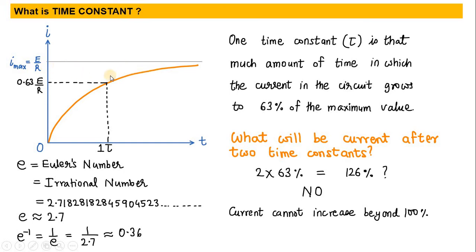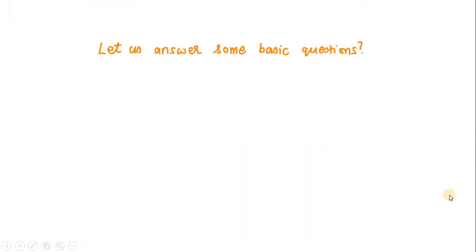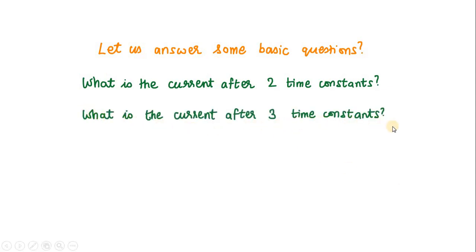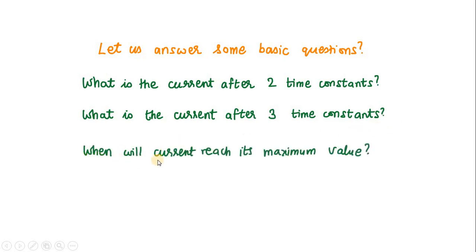So let us answer some basic questions: what is the current after two time constants, after three time constants, and so on, 4, 5, 6, and ultimately when will the current reach its maximum value of 100%.